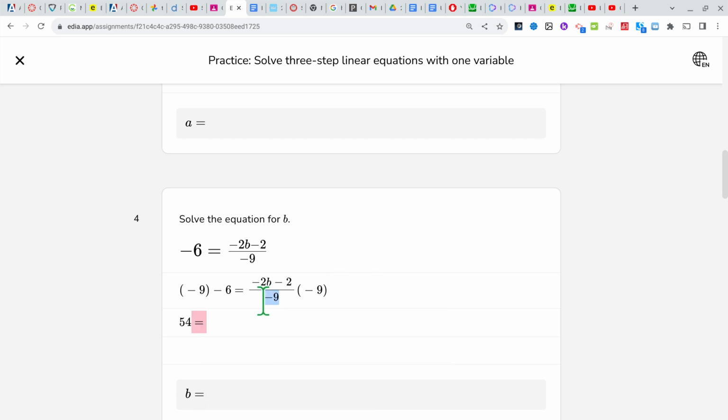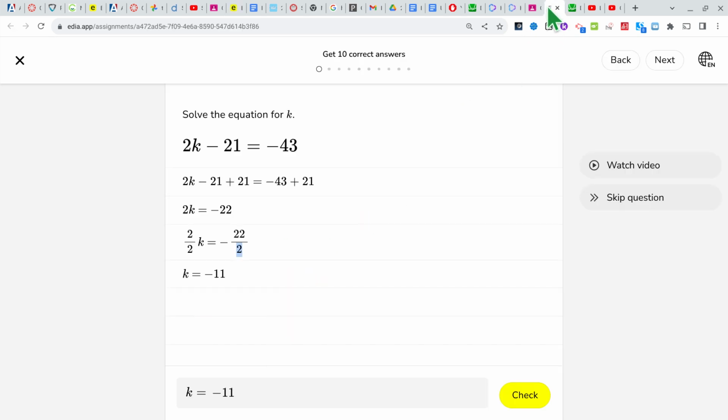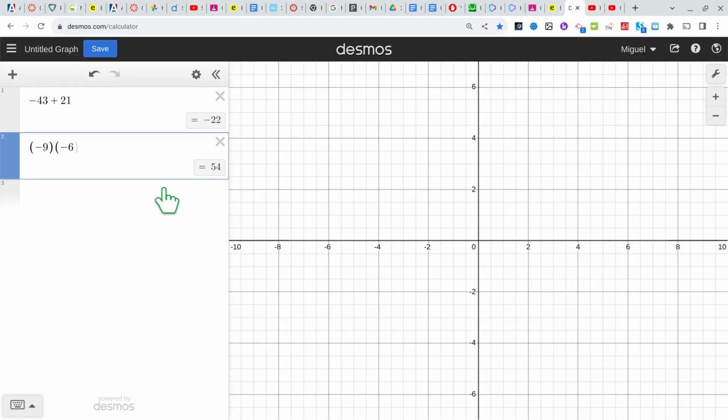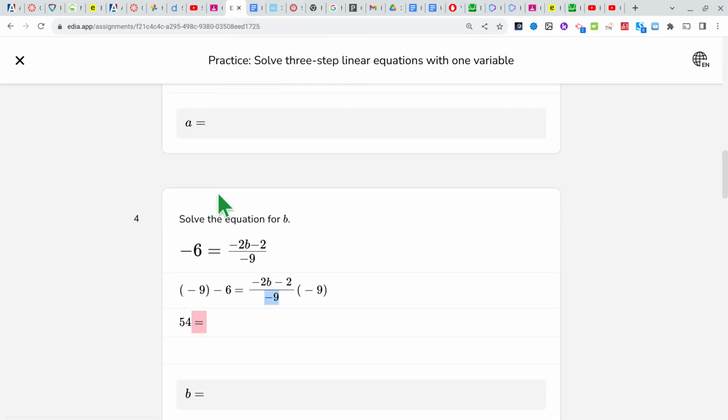And then this cancels because negative 9 divided by negative 9 is 1. That's why we multiply. Okay, you can prove it: negative 9 divided by negative 9 is 1. So this becomes 1, and then 1 times that is the same thing, so it'll be negative 2b minus 2.